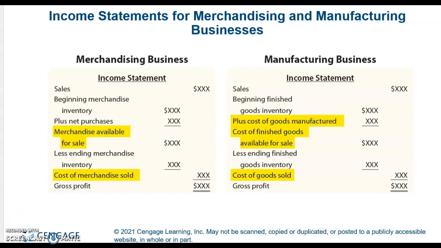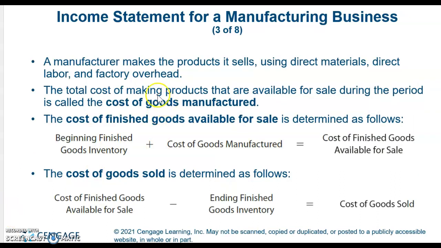So here is how to calculate the cost of goods sold or the cost of goods available for sale. A manufacturer makes the product it sells, so this is for a manufacturer.